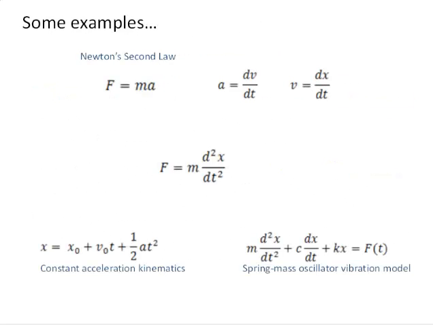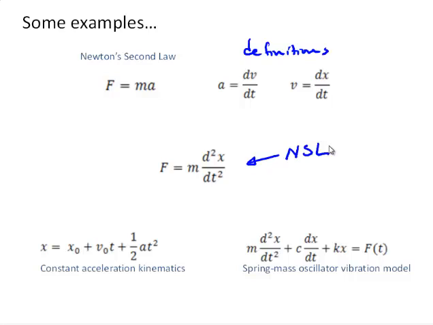So here are some examples you should be familiar with from physics. Newton's second law is a simple mathematical model relating force, mass, and acceleration. If we combine that with definitions of acceleration and velocity, we can come up with another statement of Newton's second law.